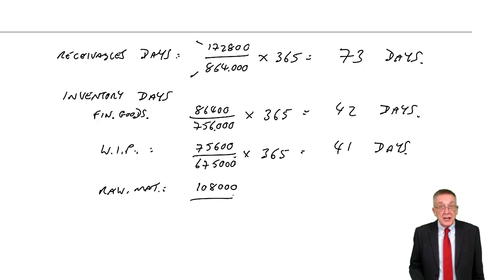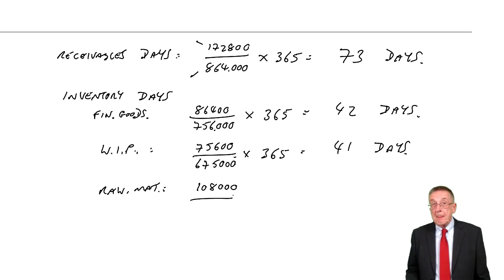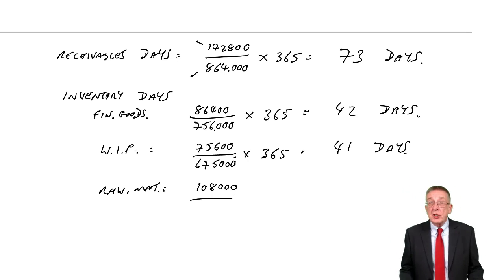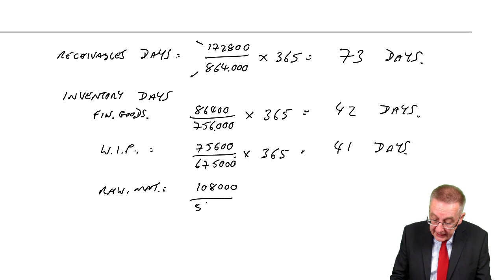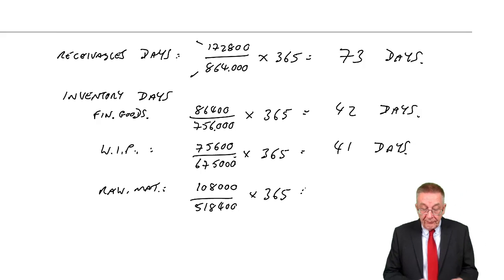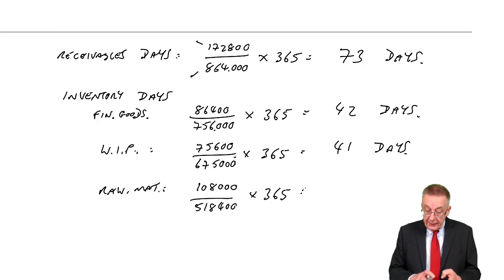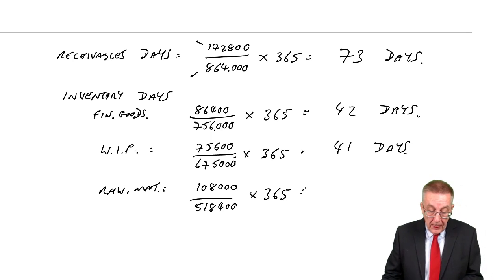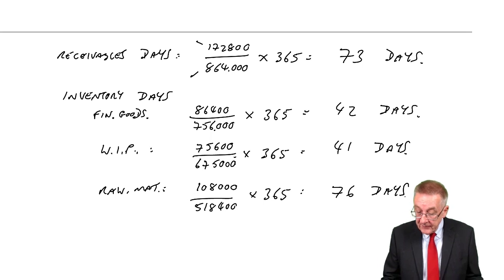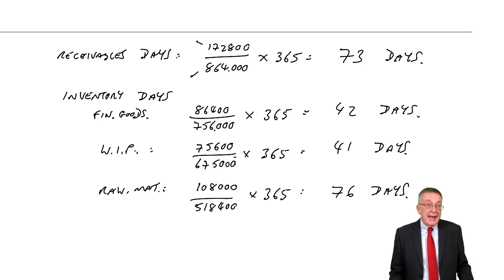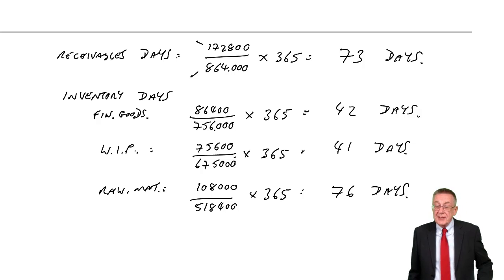The total raw material purchases, ideally again it should be purchases on credit, no choice here, but raw material purchases 518,400. 108,000 over 518,400 times 365. I get 76 days. Which again does seem rather high, but again, depends on the type of business we're in.